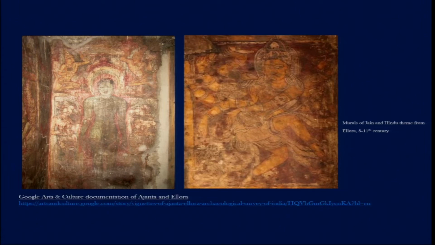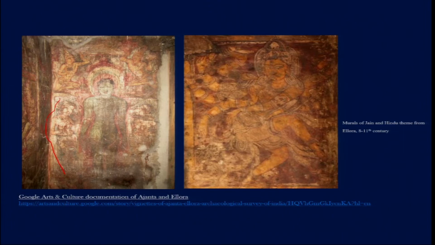For example, there is a very elegant woman standing right beside the central figure, and she has a similar kind of elegance, as well as the bends of the body. They are also reminders of the ones we have seen in Ajanta.